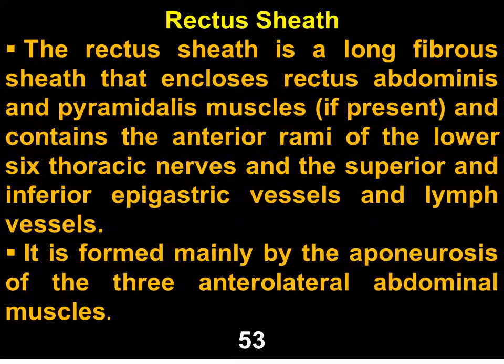Also inside the rectus sheath, not only the rectus abdominis and pyramidalis but also the anterior rami of the lower 6 thoracic nerves, which supply all these muscles of the anterolateral abdominal wall, in addition to the superior and inferior epigastric vessels plus lymph vessels. Contents of the rectus sheath, memorize these. Again: anterior rami of the lower 6 thoracic nerves, superior and inferior epigastric vessels, and lymph vessels.